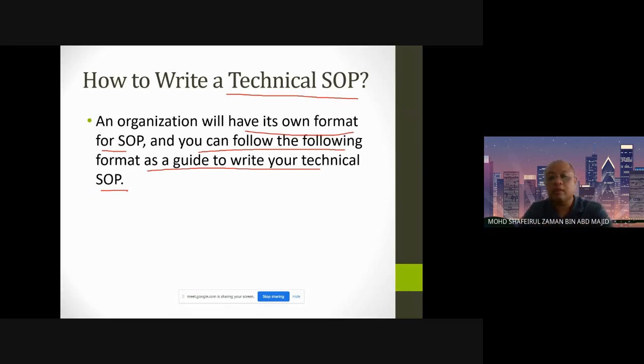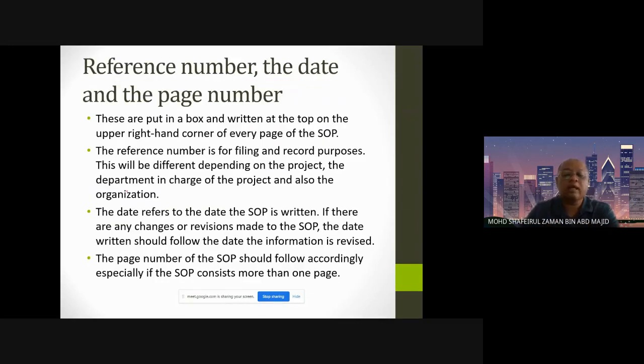Number one that you need to know about the format for SOP is the reference number, the date, and the page number. All these three important pieces of information should be put in a box and written at the upper right hand corner of every page of the SOP. Remember, the word is every page.